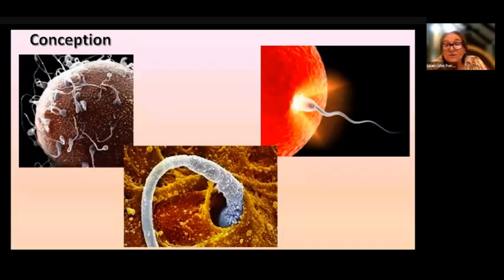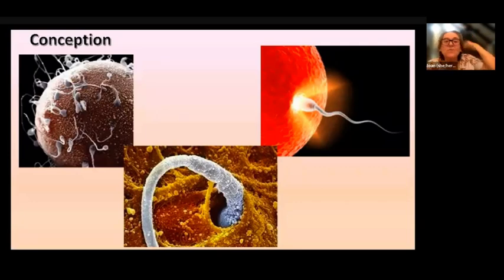Sometimes the egg will split itself, and this is when we end up with identical twins. And sometimes a woman may ovulate with more than one egg, and that can result in twins that are not identical.